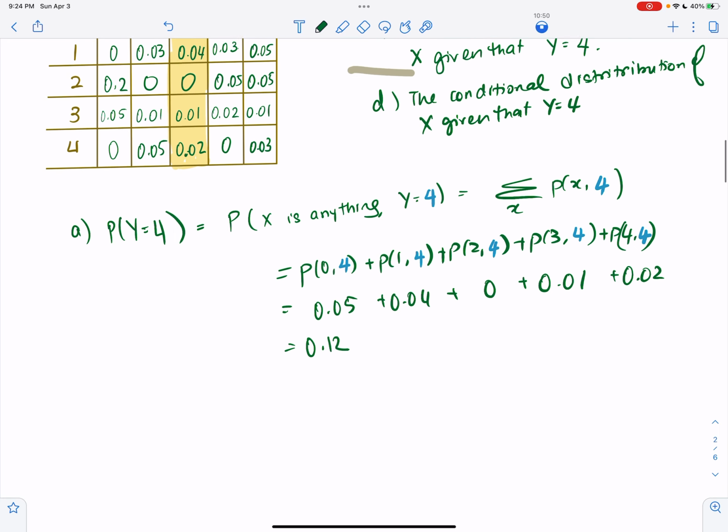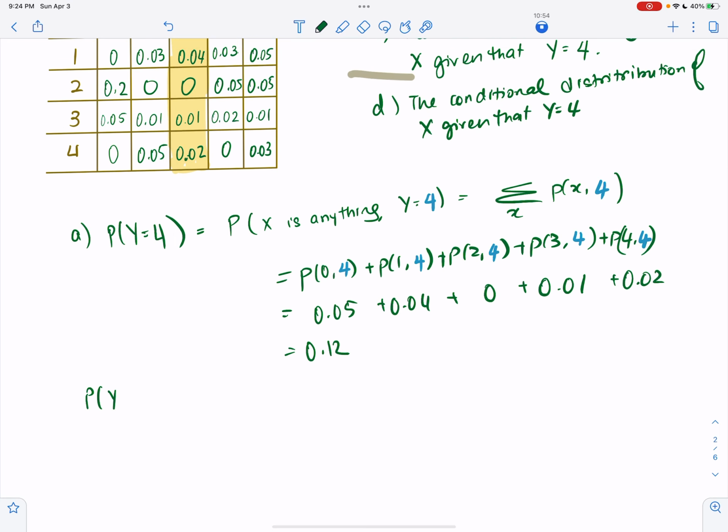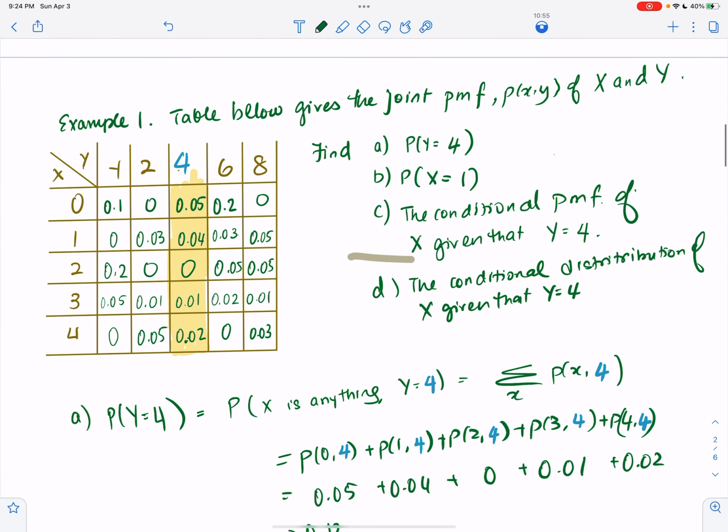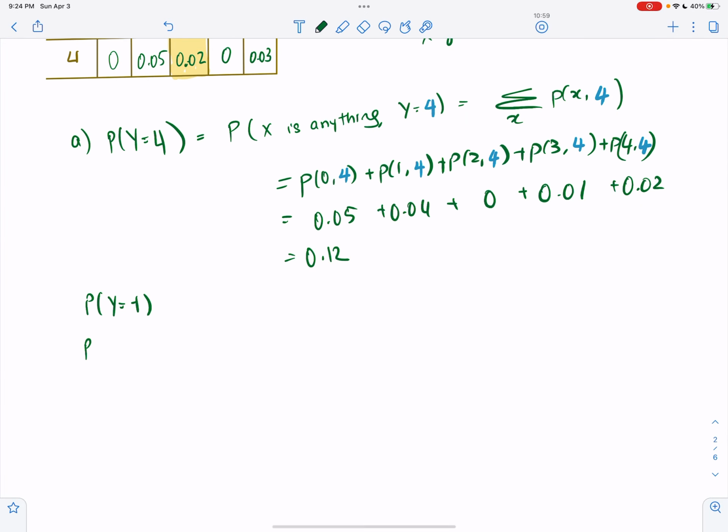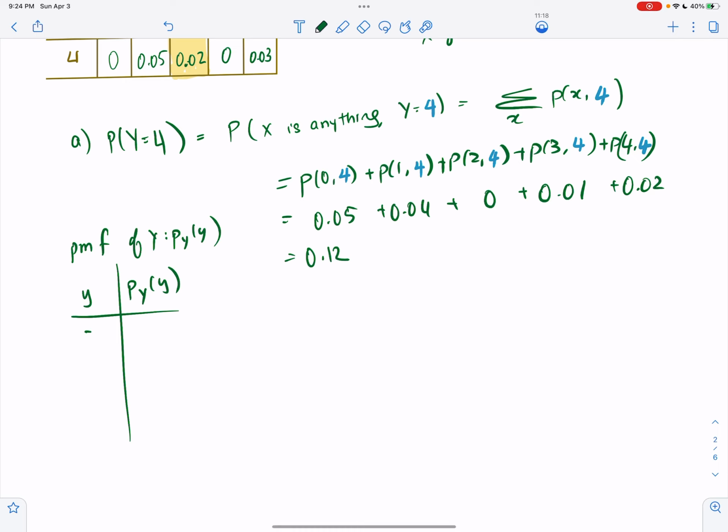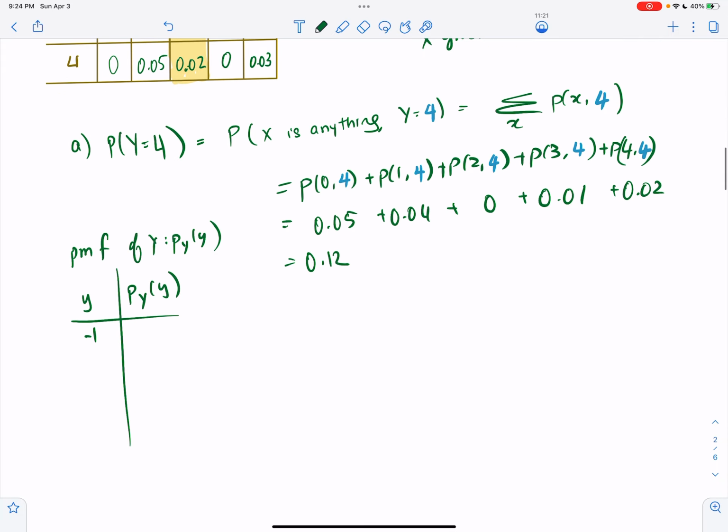If you want, real quick, you can look at the probability y equals -1. What are the values for y? -1, 2, 4, 6, 8. Let's write this as a table. It's not asked in the question, but just for you, I'm going to do this. We're looking for the mass function of y. For 4, we already found it: 0.12.